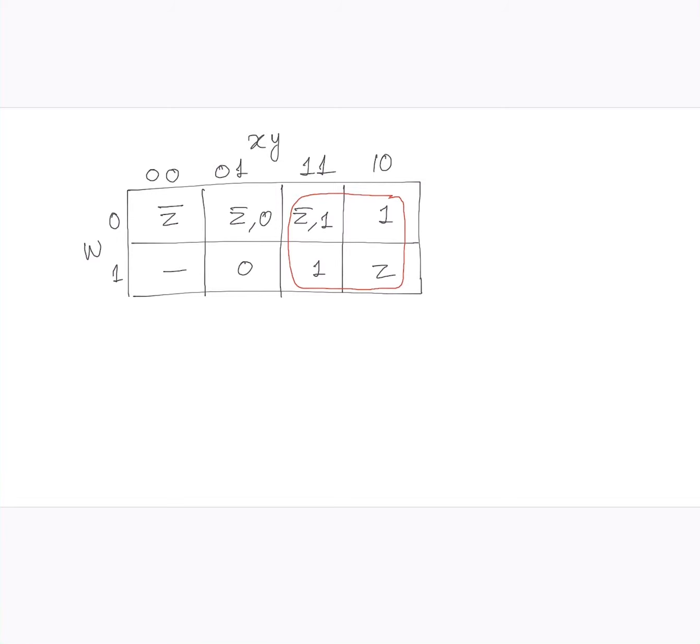Now the next one is a single z bar literal over here, so this has to be grouped. While grouping, this term can be considered as z bar and this term can be considered as z bar. Grouping it, we can draw it like this.